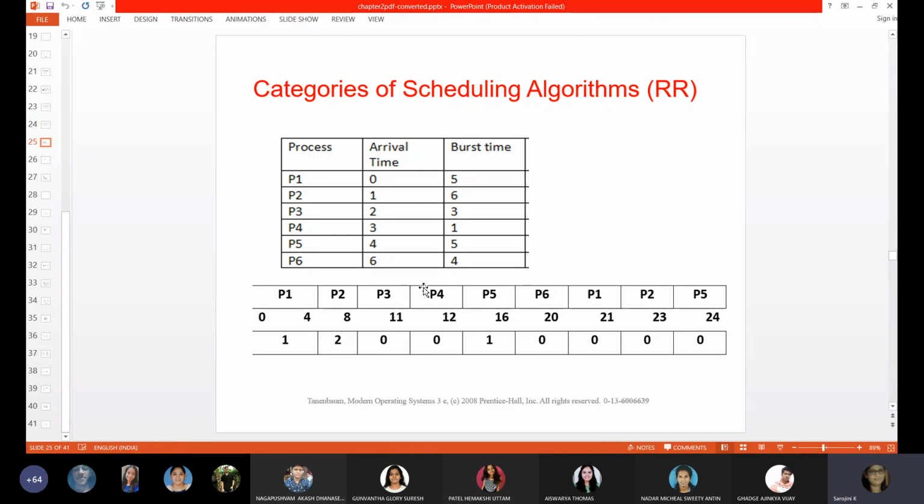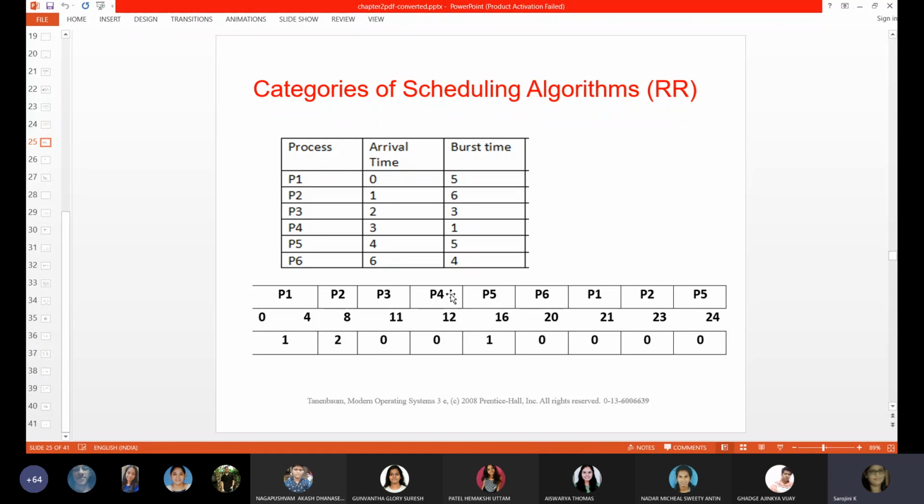After completing 4 milliseconds, even if it has remaining time to execute, it will not be allowed; it will be evicted. Every slot will be 4 milliseconds at most, but some processes have a CPU burst time less than the quantum time. For example, P3's CPU burst time is only 3 milliseconds, so it will not use the complete 4 milliseconds.